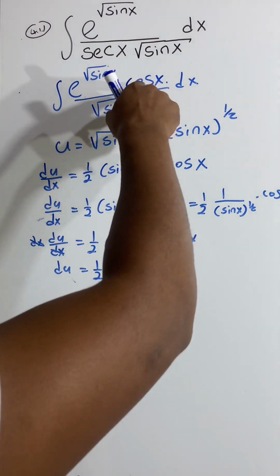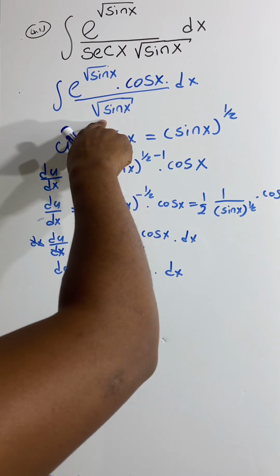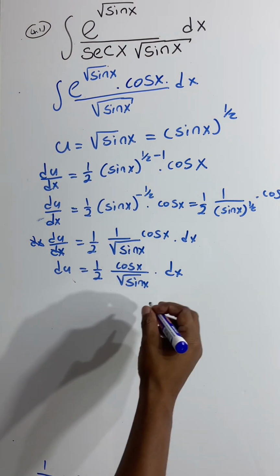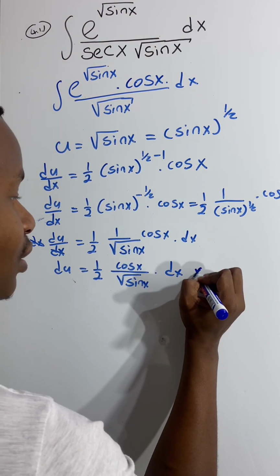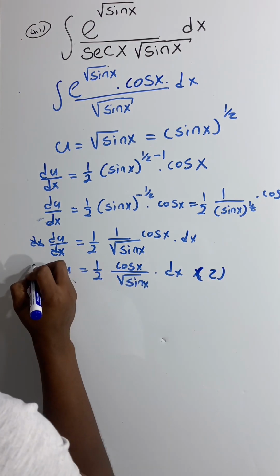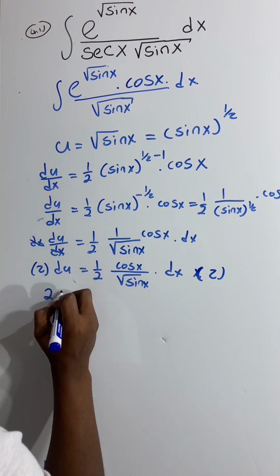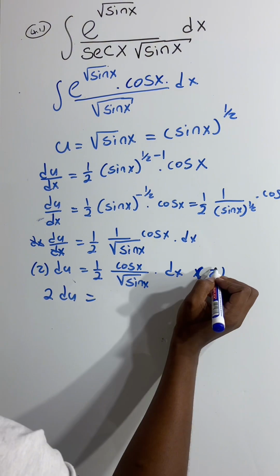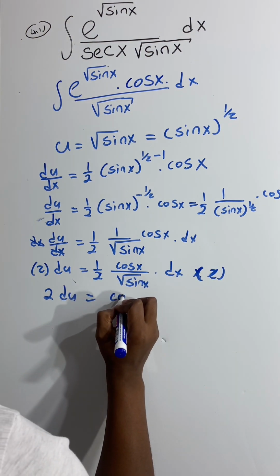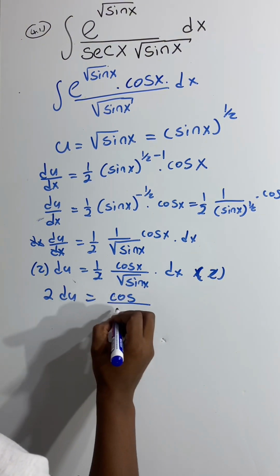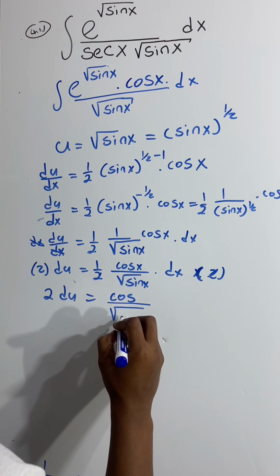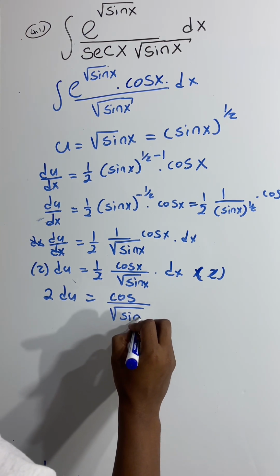We have cos x dx over the square root of sin x without the 1 over 2, so let's multiply both sides by 2. So we have 2 du is equal to cos x over the square root of sin x dx.